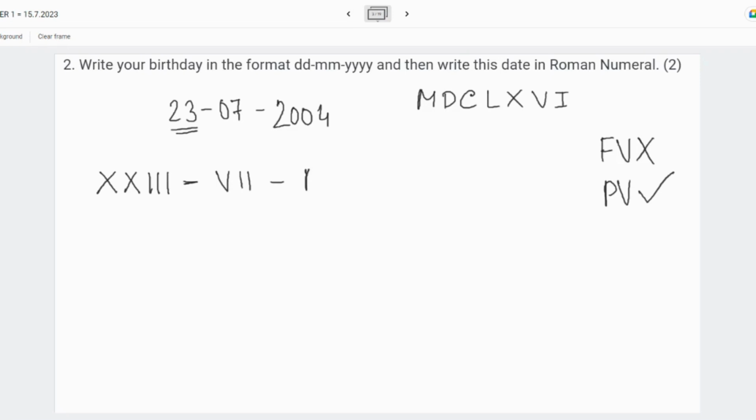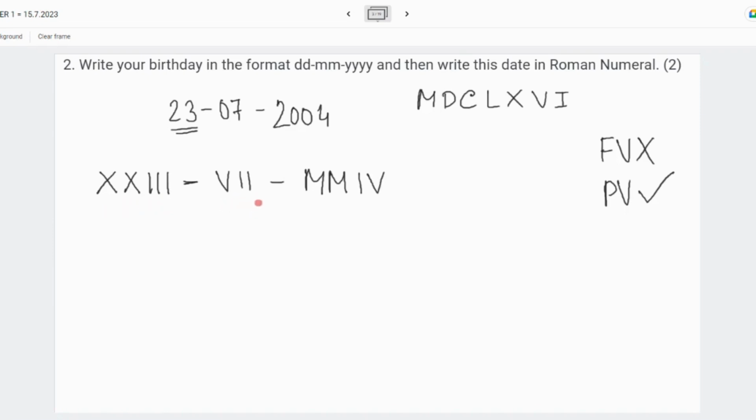So V is 5. 5 plus 2. And 2004. So M is 1000. I can simply write 2 M's just like I wrote 2 I's to make it 2. 1 plus 1, 2. Also means 1000 plus 1000, 2000, and 4, IV. We do not consider the bar method here because it is just 2000.